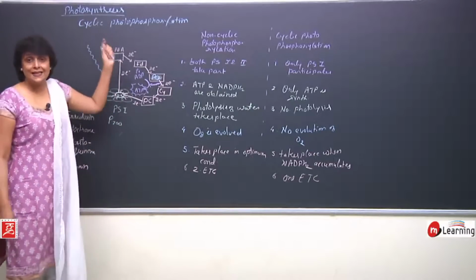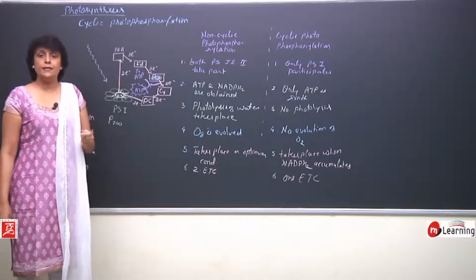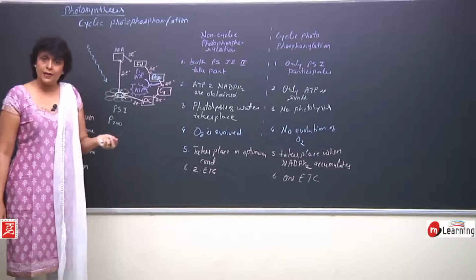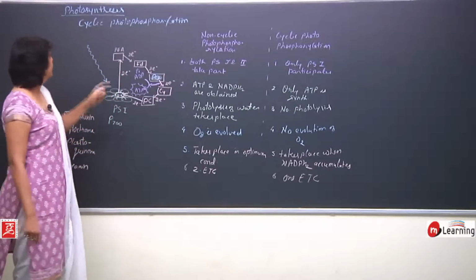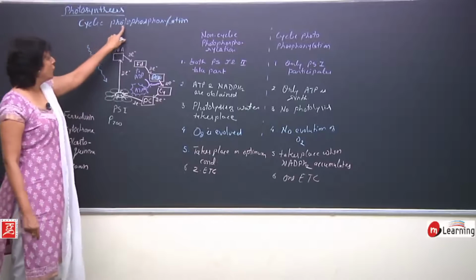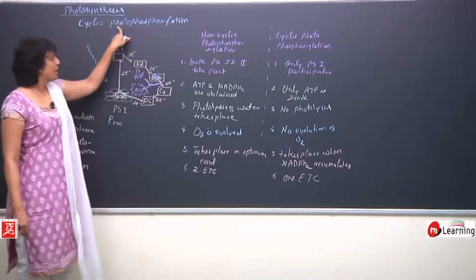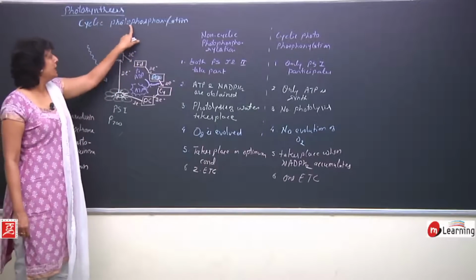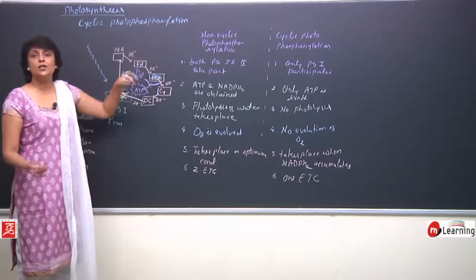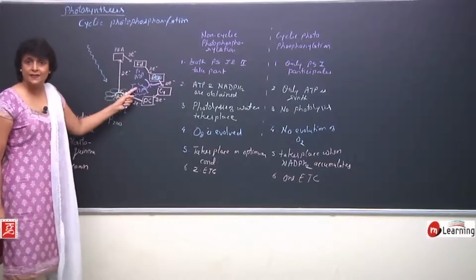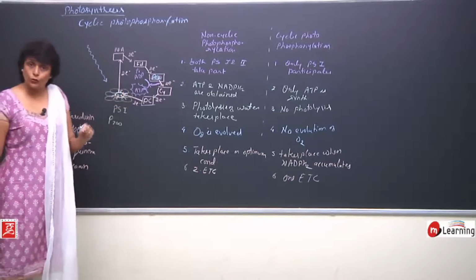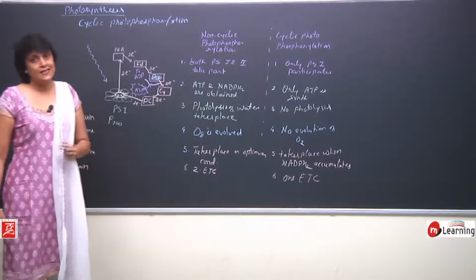So, this is light reaction. It can take place in two ways, a non-cyclic pathway and a cyclic pathway. And the reason we call it photophosphorylation is because it is light dependent, and phosphorylation is addition of phosphorus or ATP synthesis, which takes place in both non-cyclic as well as cyclic.